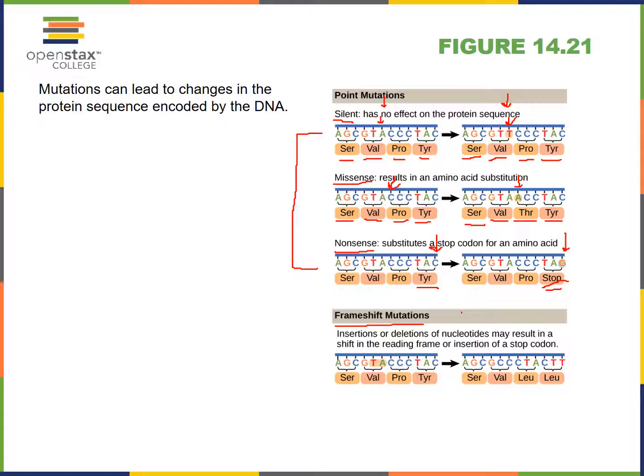And then know about telomeres and telomerase and the 3 types of DNA repair that we talked about, and know what a point mutation is. Know the difference between silent, missense, and nonsense mutations.